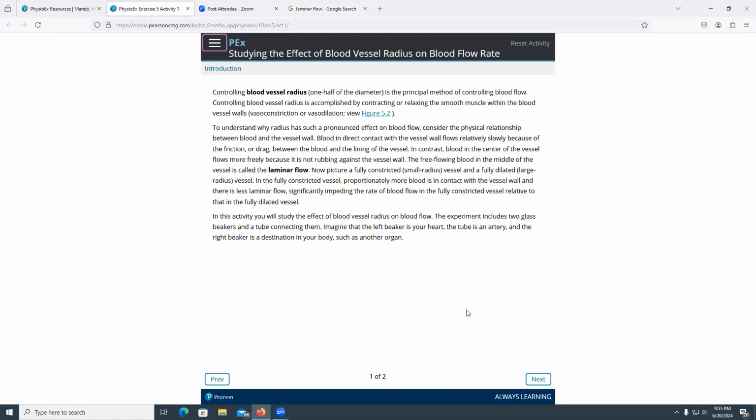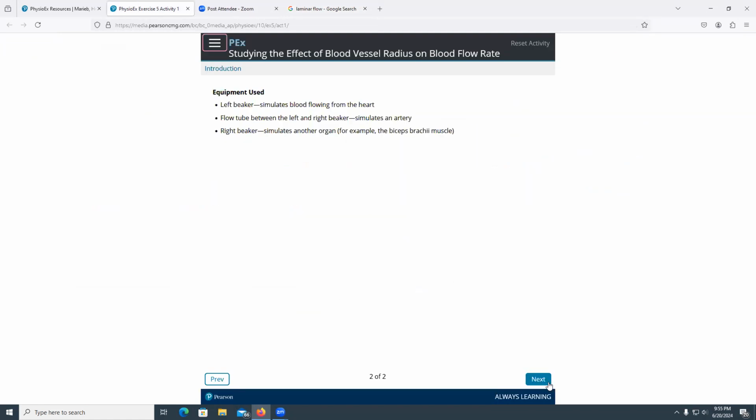Okay, so now let us move to, so we're going to be having two beakers, a left beaker and a right beaker, and both of them are connected by a tube. So the left beaker is going to simulate for us the heart, for example, and then connecting them is going to be an artery that carries oxygenated blood that is rich in nutrients, carbohydrates, lipids, and also proteins, and that is heading to a muscle, for example, the biceps brachii muscle.